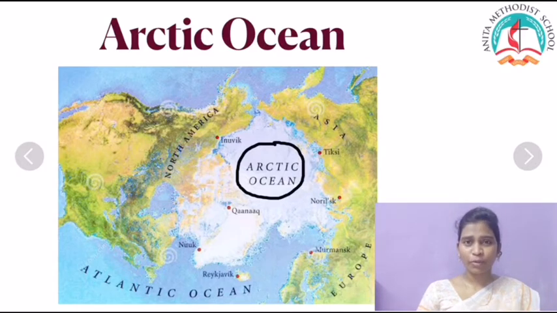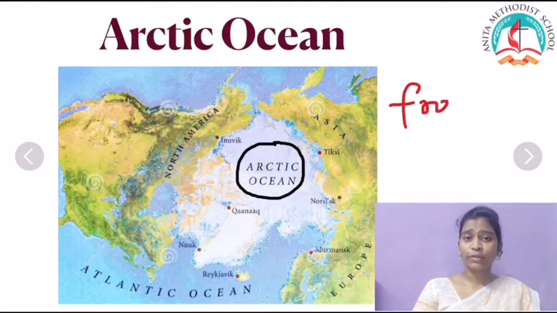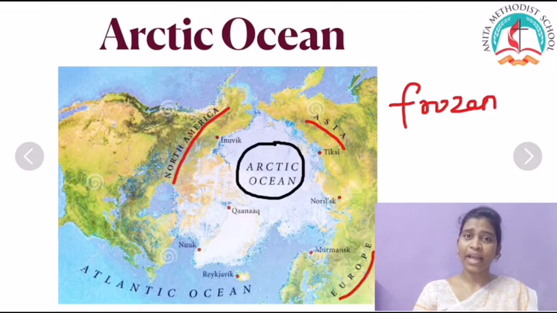And this Arctic Ocean remains frozen for most of its year. Now tell me, what are the boundaries of this Arctic Ocean? Look at the picture and then tell me. Correct. The boundaries of this Arctic Ocean are North America, Asia, Europe and Greenland.